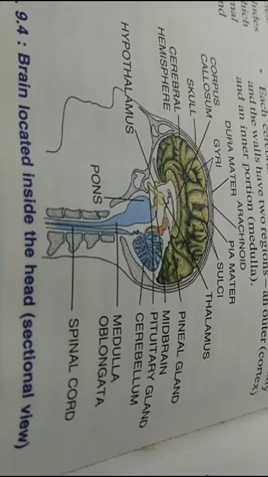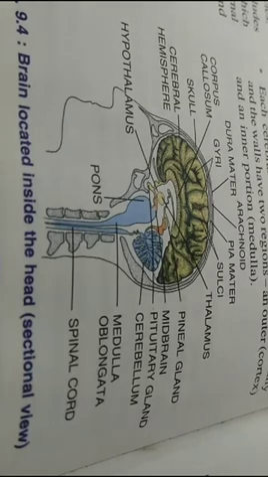Such a system increases the surface area of the brain many times and hence it can accommodate more nerve cells.